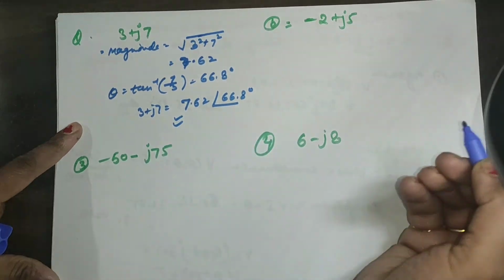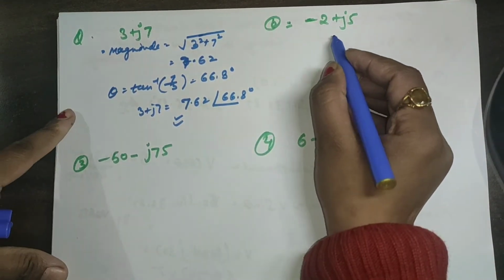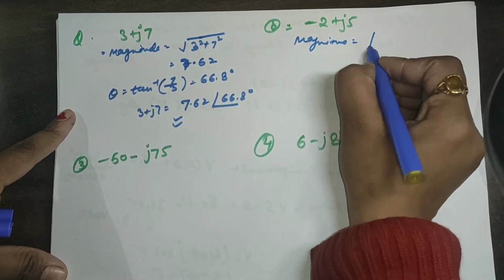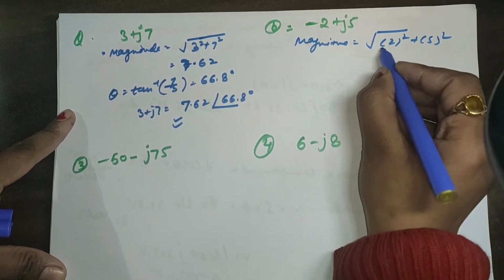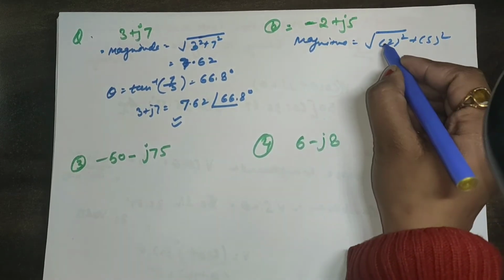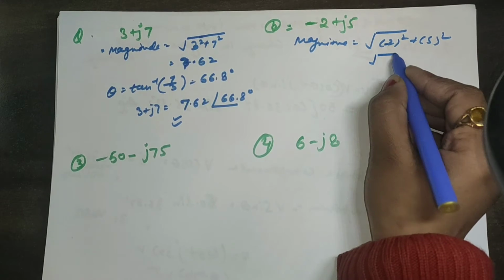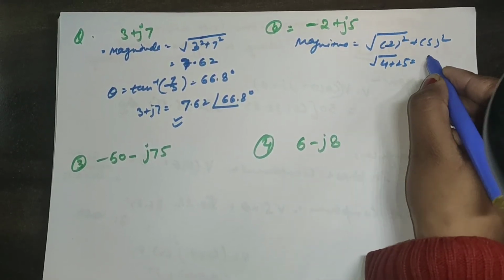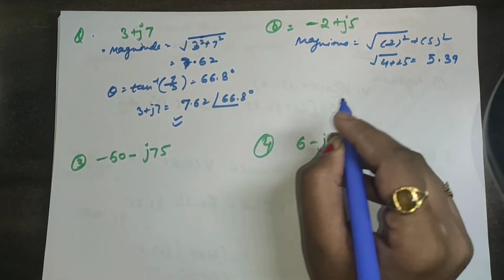Okay, this is complete. Now the second, minus 2 plus j5. First of all, you have to calculate the magnitude, under root 2 square plus 5 square, because in a square term the minus sign goes away, minus 2 squared will be 4. So 4 plus 25, that is under root 29, that is 5.39.